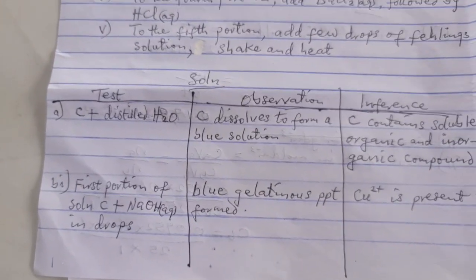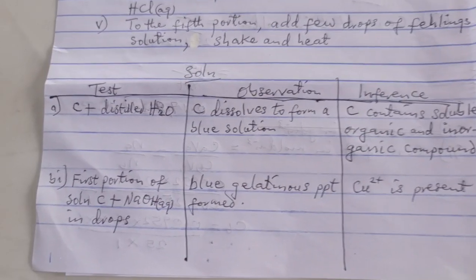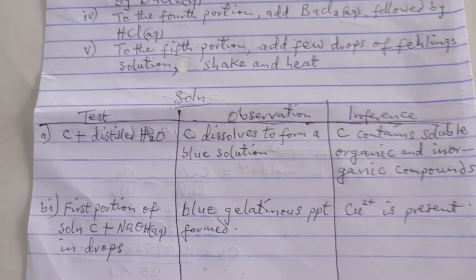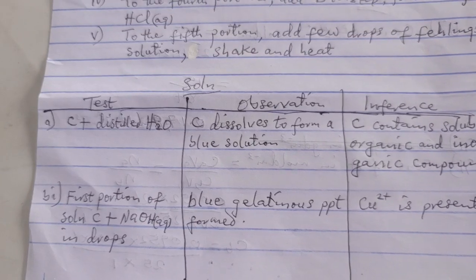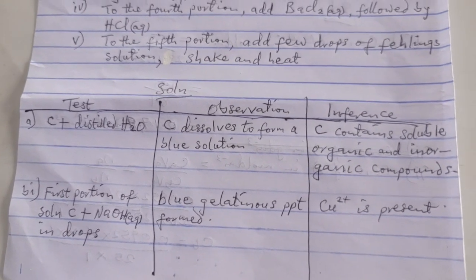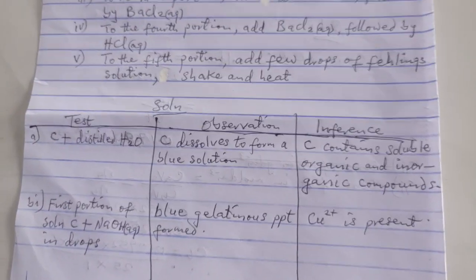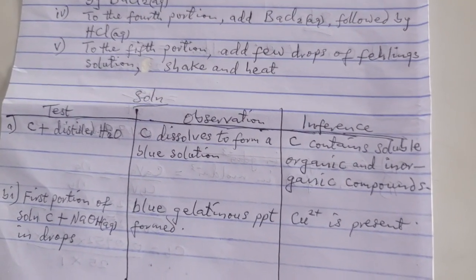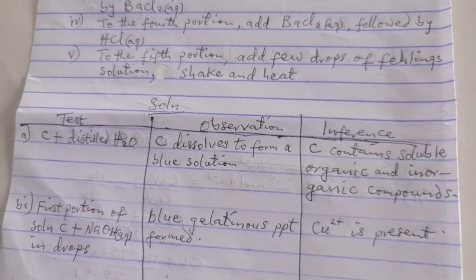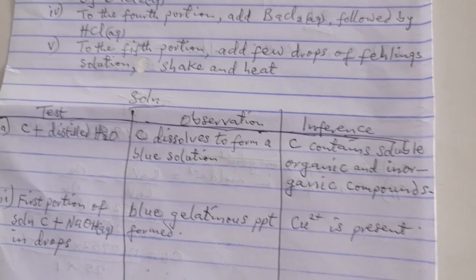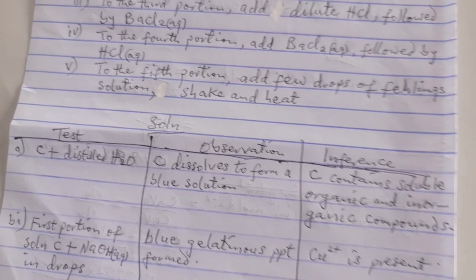Okay, then you divide it. After dividing into 5, you pick the first portion and then add NaOH aqueous in drops. What you observe is that a blue gelatinous PPT will be formed. And that means that the cation that has blue color is mainly Cu2+.